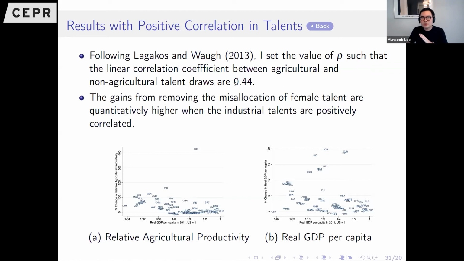Then actually the gains from removing the misallocation of female talent are quantitatively higher when the sectoral talents are positively correlated. And this is also consistent with the frontier paper in trade by Natalia Ramondo and Rodríguez-Clare.